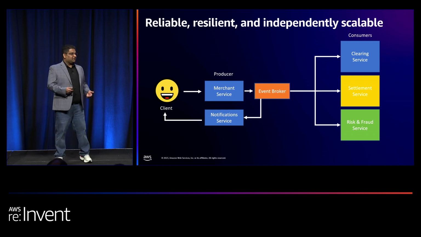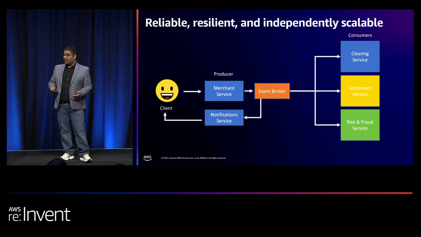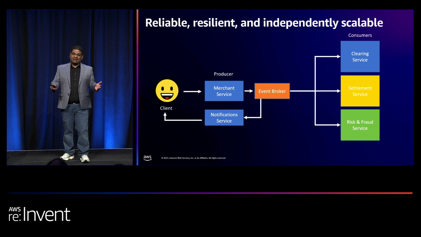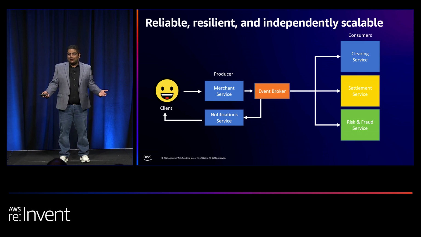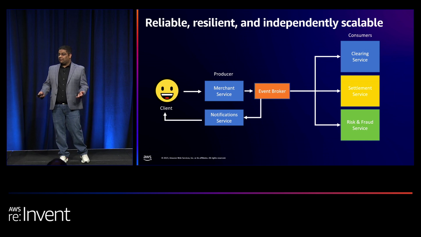Any kind of notification that has to go to the end user goes through a different domain, maybe the notification service, where you can have WebSockets, IoT Core, or send an email, whatever. Overall, the end user experience will be better.